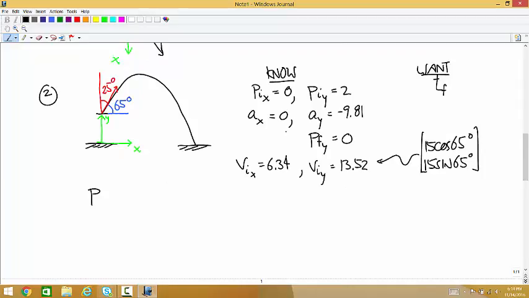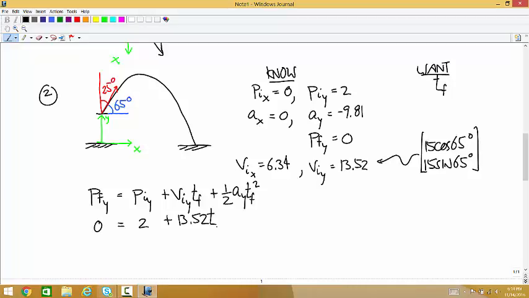So to get the time, we'll say PFY is equal to PIY plus VIY TF plus 1/2 AY TF squared. So 0 is equal to 2 plus 13.52 TF minus 4.905 TF squared.